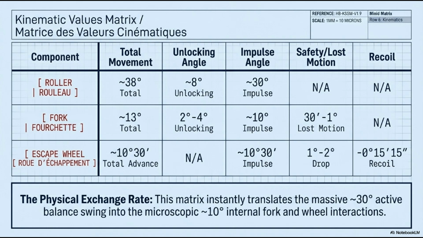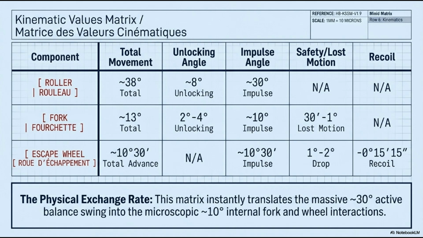The synthesis statement at the bottom is worth focusing on. This matrix instantly translates the massive approximately 30-degree active balance swing into the microscopic approximately 10-degree internal fork and wheel interactions. That ratio, 30 degrees of roller motion producing 10 degrees of fork motion, is the physical exchange rate of the assortment.